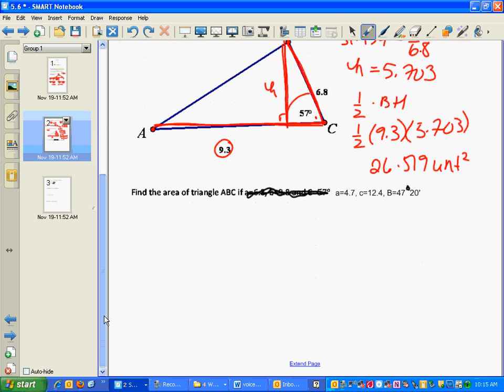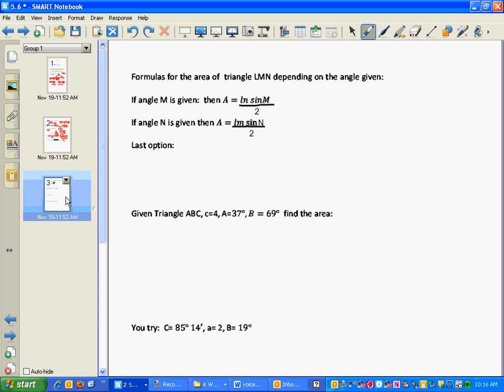All right. And so we would do it again for this one. The big thing was just converting that into an angle measure that you could use that didn't have minutes in it. The formula that you actually have, given a triangle, and this is only going to work for side angle side.